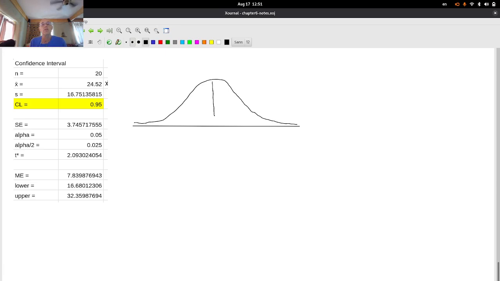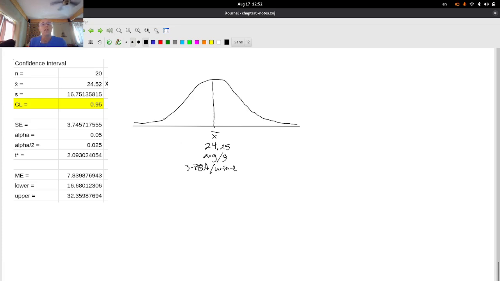In the center is whatever my sample mean, and this is a difference in means, so I'm finding the difference. So we're going to call that x bar, about 24.25, and that was micrograms per gram of 3-PBA, that's a B, believe it or not, in their urine.